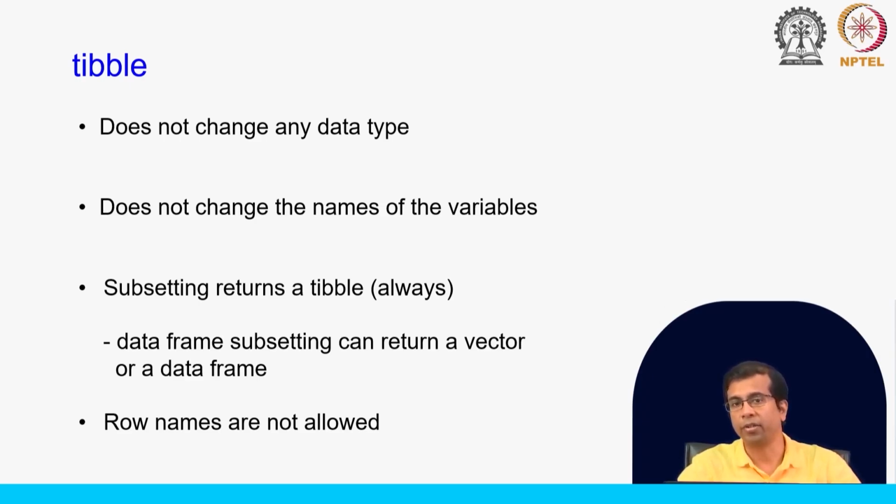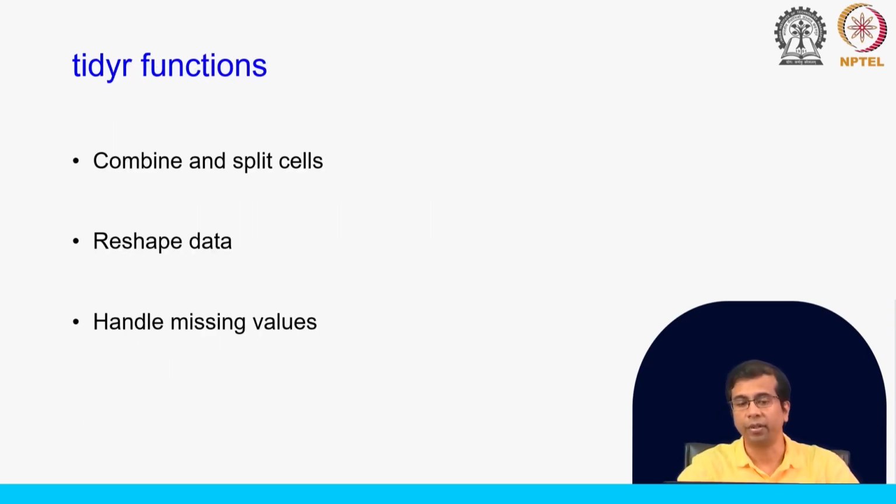We will do that in hands on, we will see how we apply these functions. So, for example, we can combine and split cells, we can reshape data. Okay. We will see what I mean by reshape, we will do some hands on again. We can handle missing values with tidier. Okay. So, these are some of the tasks that you can do. There are many more actually that we can do.